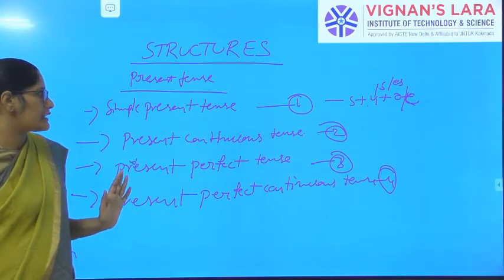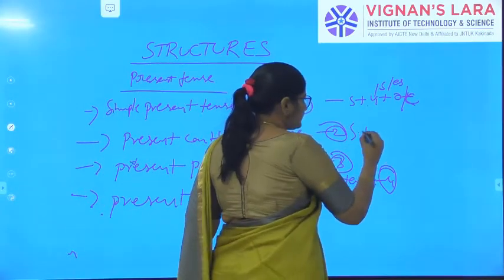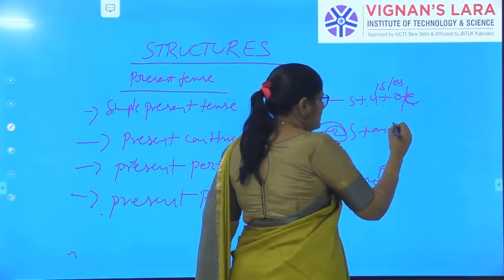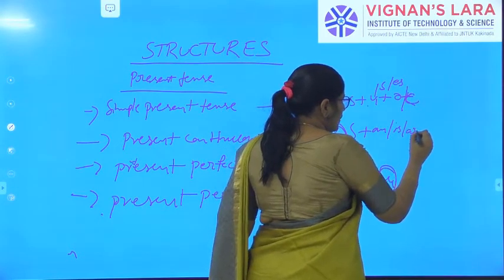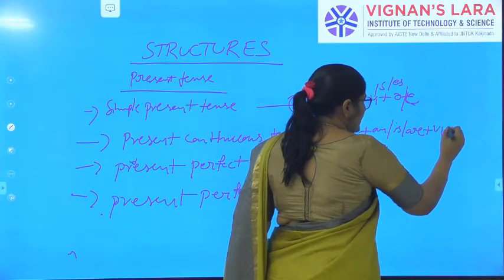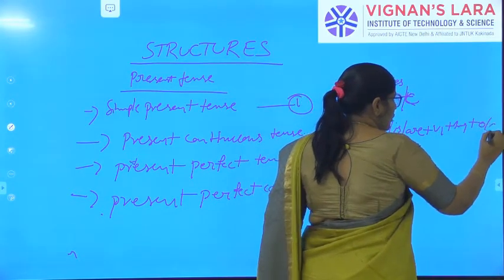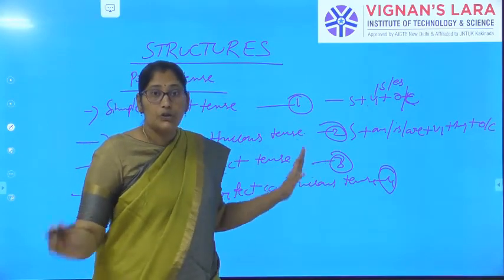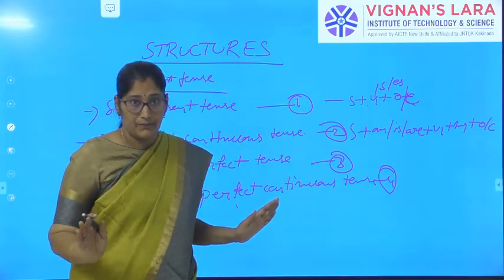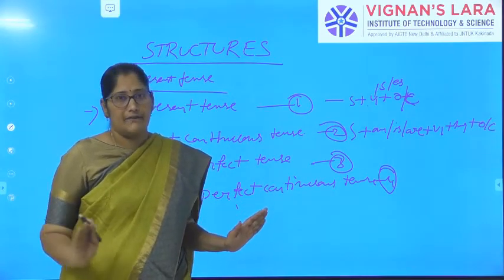We'll go with the present continuous tense. Subject plus am, is, or are plus V1 plus ing plus object or complement. I said very clearly, we have 2 types of verbs: action verbs and auxiliary verbs.